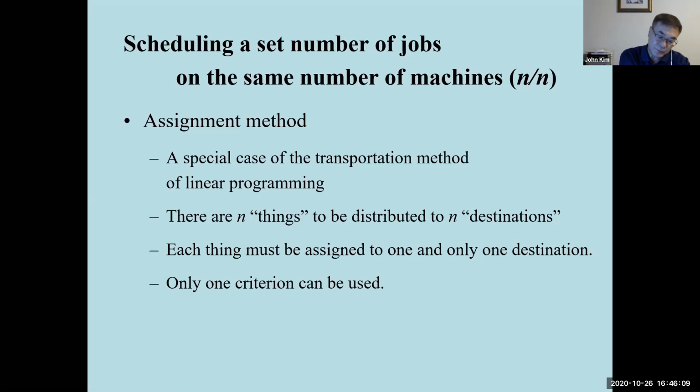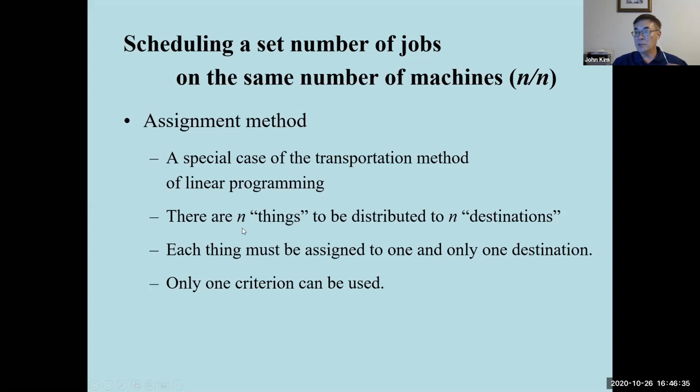Linear programming deals with a limited resource environment: how can we assign machines or destinations and so on. So the assignment method is one of the linear programming methods.